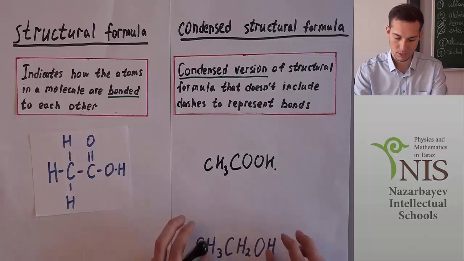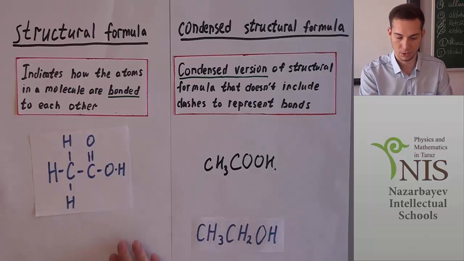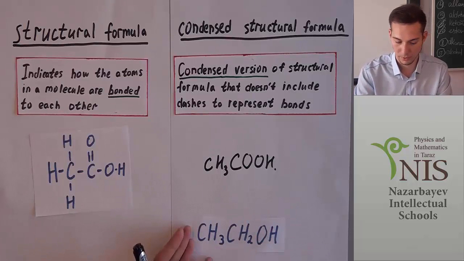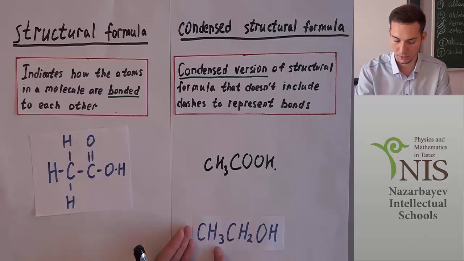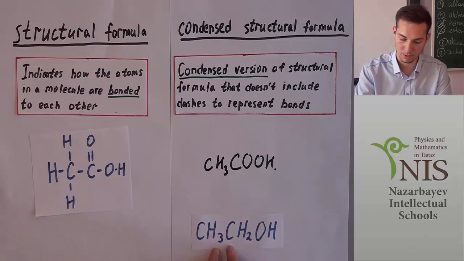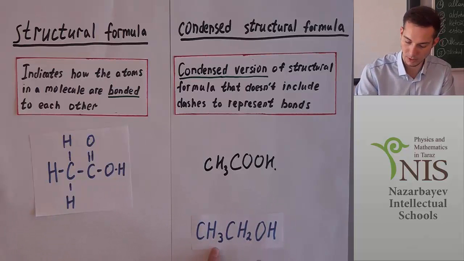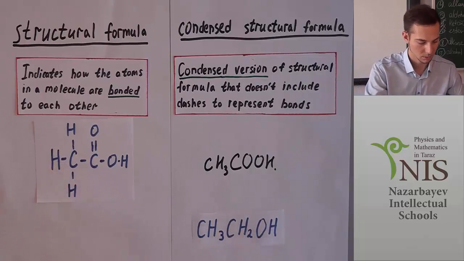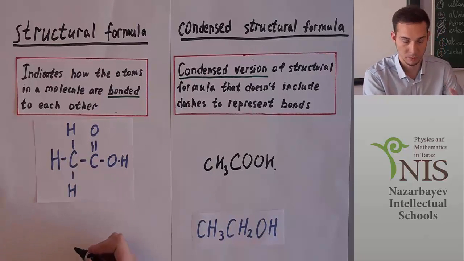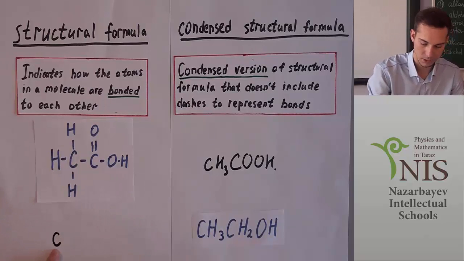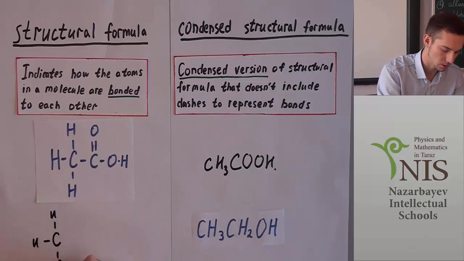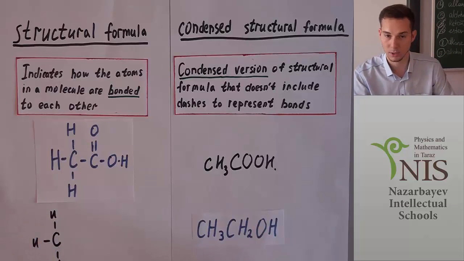Next one, let's figure out the structural formula for this compound. As you can see, here we have carbon atom with 3 hydrogen atoms, carbon atom with 2 hydrogen atoms, OH. Let's try to draw this formula with bonds. Okay, C. Here we have 3 dashes which show us bonds with hydrogen atoms.